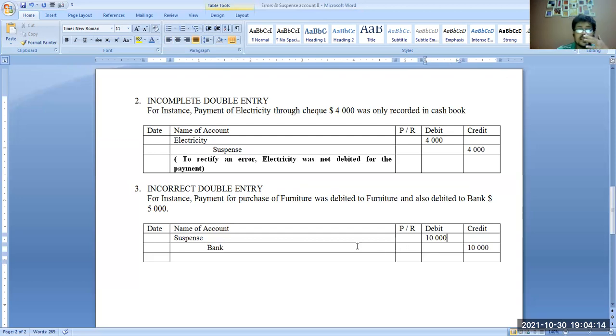Okay. Now, to rectify an error, payment for furniture was debited.